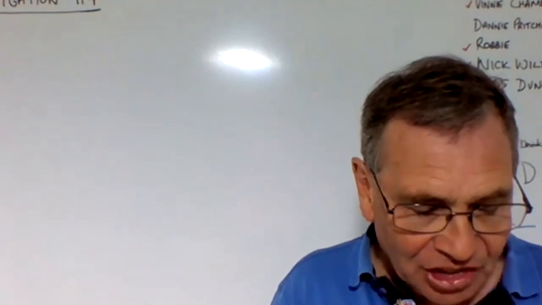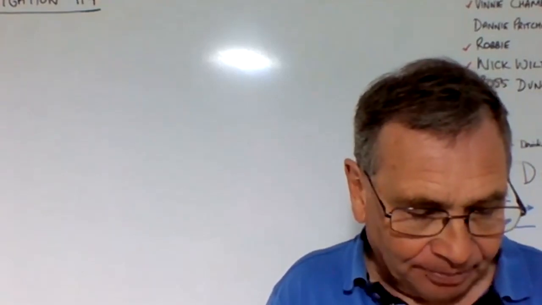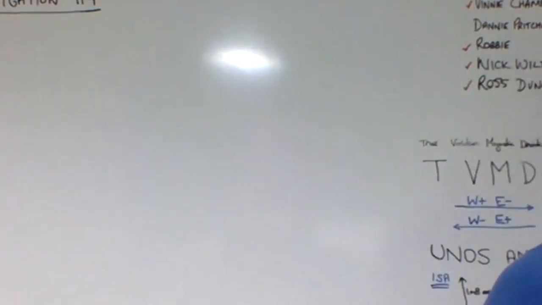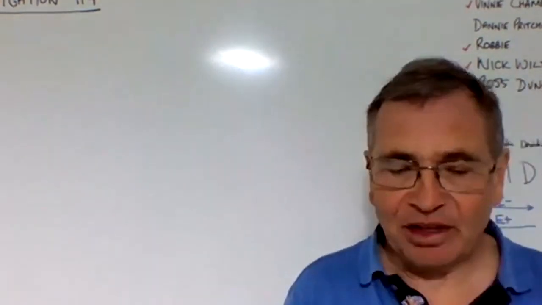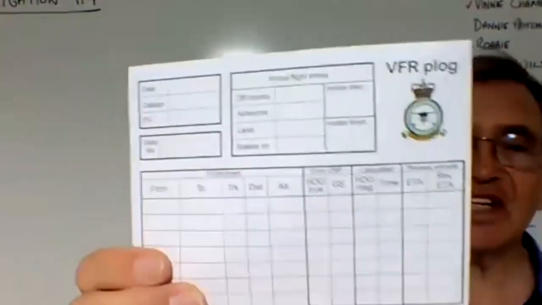Right, so I'm going to finish today by talking a bit more about, or we'll start talking about, when things aren't quite right. So up till now we've talked about the plog, and we've covered how to fill in every single box in this plog.